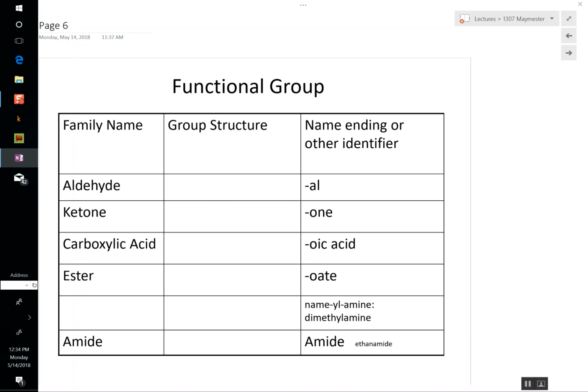And then amides are going to have this kind of structure, an oxygen and an amine. So that right there would be ethanamide. You've got two carbons, a carbon double bonded to an oxygen, and then an NH2, and that's ethanamide.